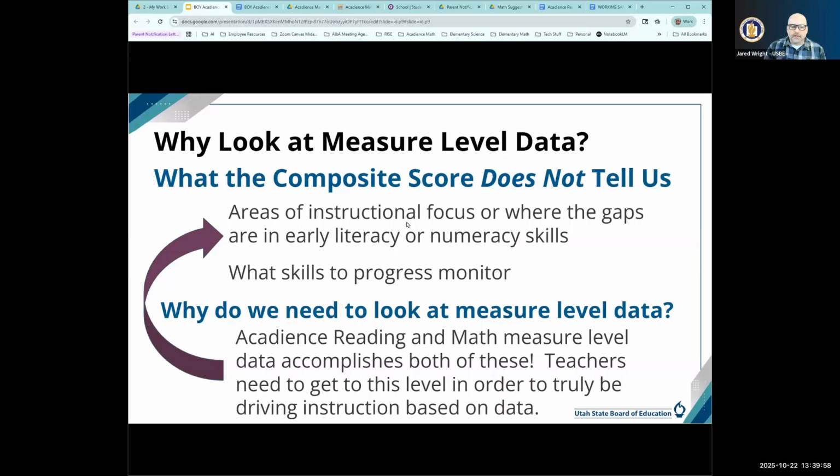Which skills are we instructing students on? Which skills should we monitor their progress on? The composite score doesn't tell us that. So looking at the measure level data will help us with the skills that we need to provide more scaffolding, more support, and then measure that progress as we are providing that instruction.